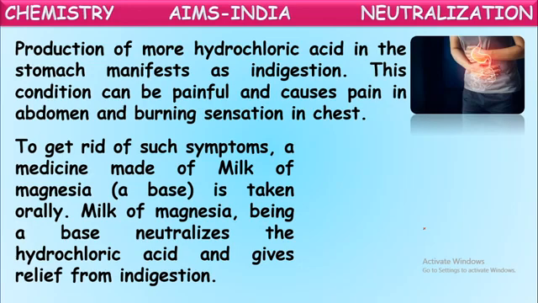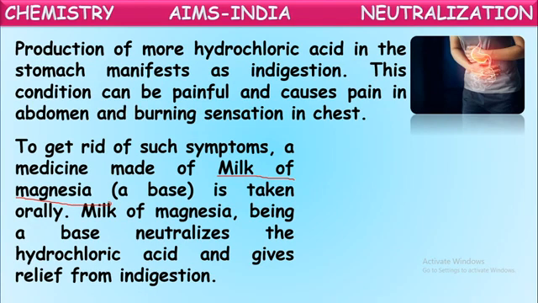The pain in the stomach or abdomen and the burning sensation in the chest are because of the excess amount of hydrochloric acid produced in the stomach. As there is an excess amount of acid, if you reduce that amount of acid, we feel relief. So to reduce that acid, we should take certain bases which cause no harm to us. Such bases include magnesium hydroxide, which is called milk of magnesia.